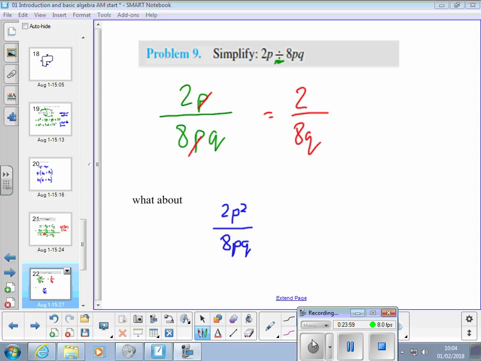So that and that are top and bottom by 2 technically. So we can say that's equal to 1 over 4q. 2 is common to both 2 and 8. Right. What can we do to the one below? 2p squared over 8pq.